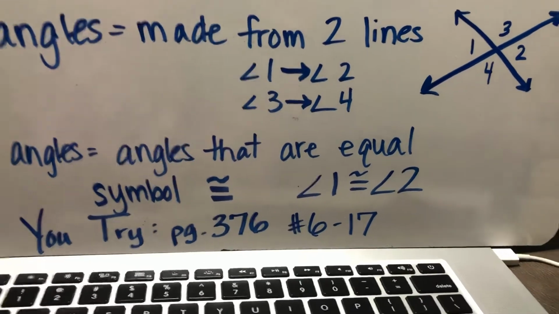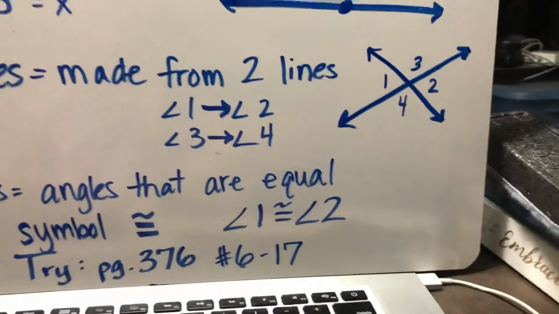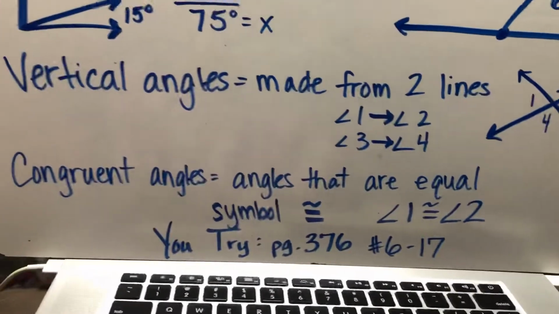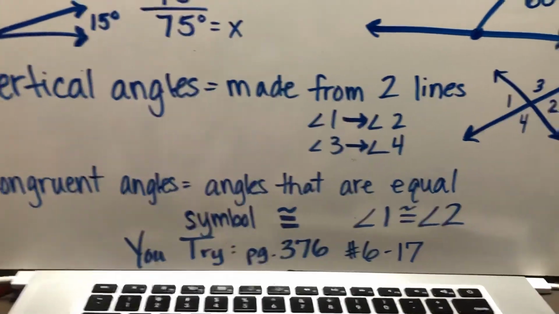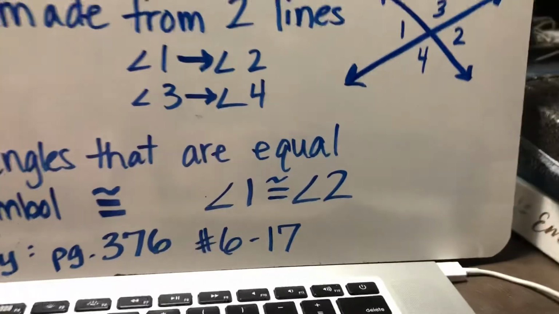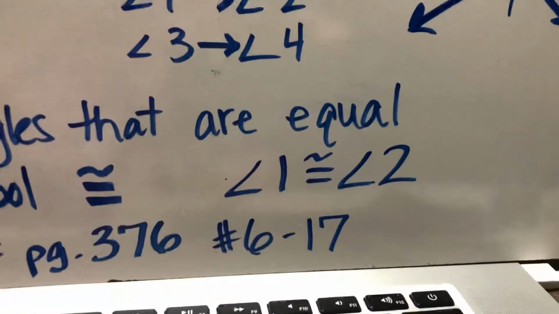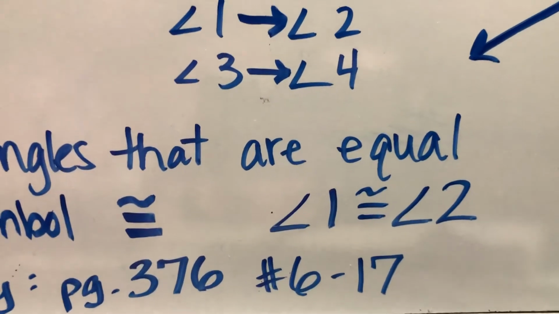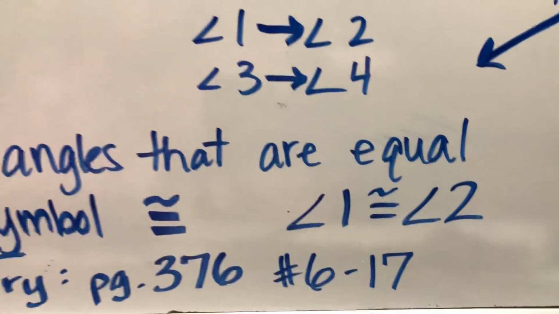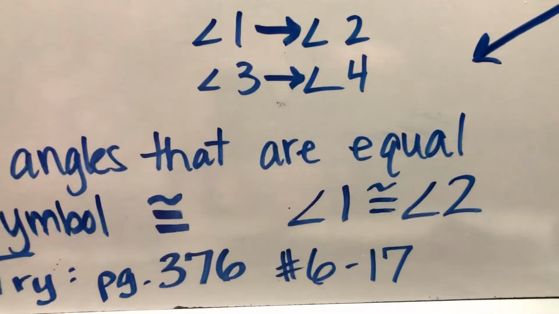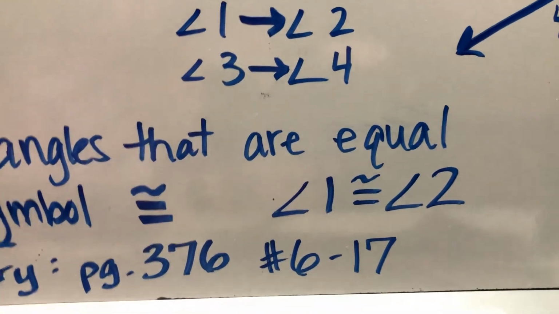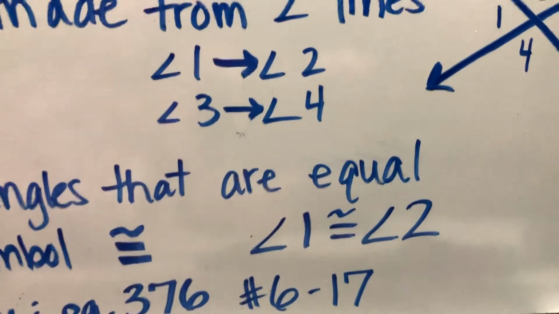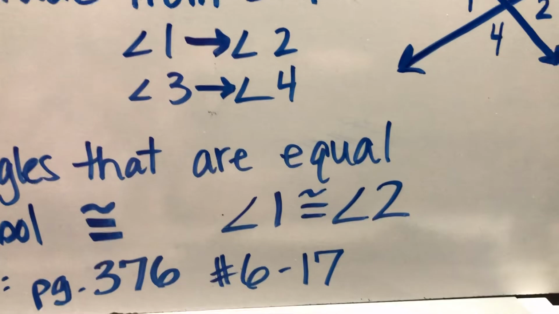And so to say what I was talking about up here, how they're the same, instead of saying same, I'm going to say congruent, meaning equal, and I'll say angle 1 is congruent to angle 2, and I put that little goofy symbol because that's just the math rule. Okay, the symbol is the equal sign with a wavy line over it. Angle 1 is congruent to angle 2. I could also say angle 3 is congruent to angle 4.